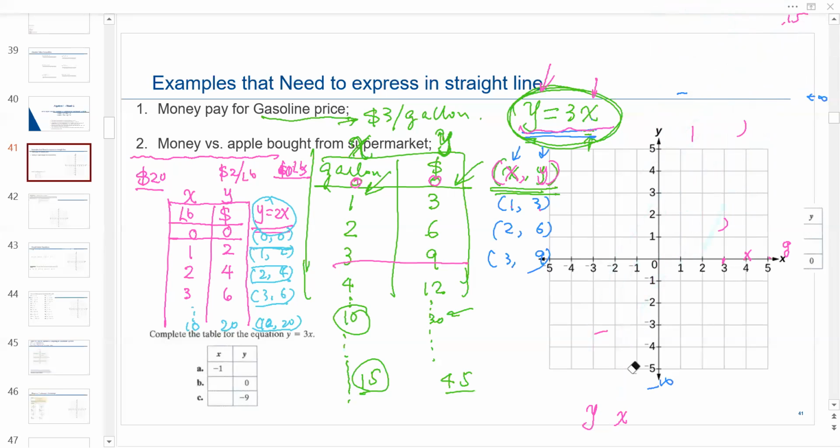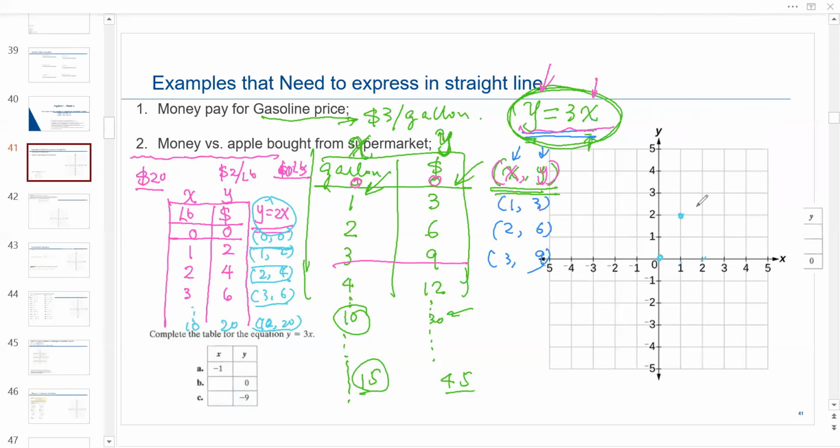Take your notebook out and put the list of dots on the X, Y graph. How do you find the dots? If you buy 0 pounds, you pay $0, so it goes through here, right? If you buy 1 pound, you pay $2.